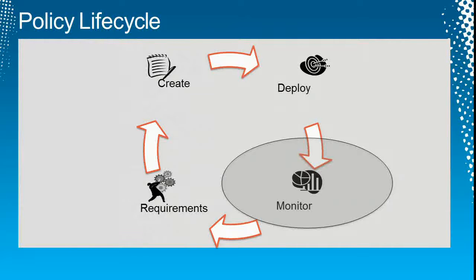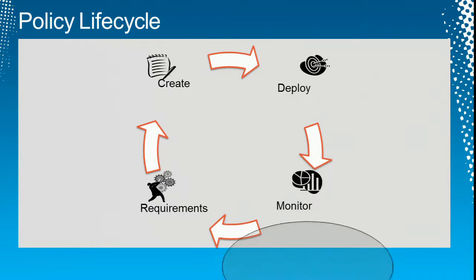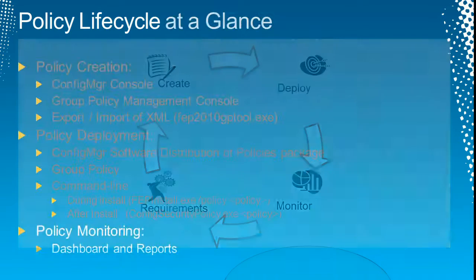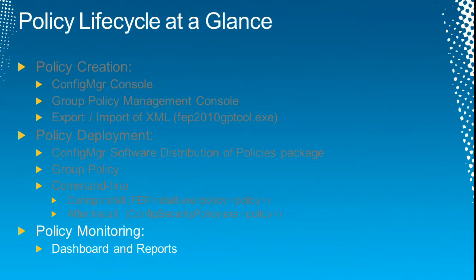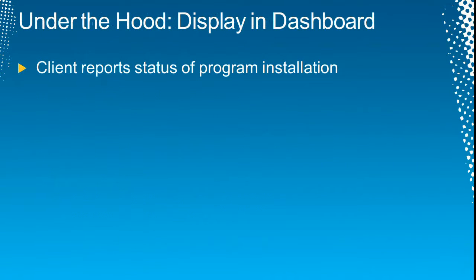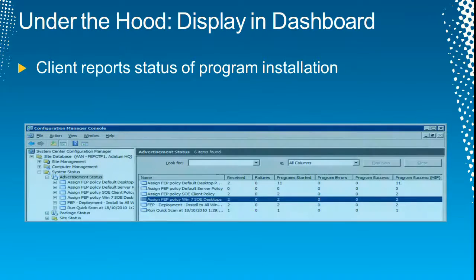All right, so monitoring policy to figure out what's being deployed and what's not. We're really going to look here at the dashboards and reports. All of the information displayed in the dashboard reports the status of program installations, and it all comes up via the MIF files from Config Manager.